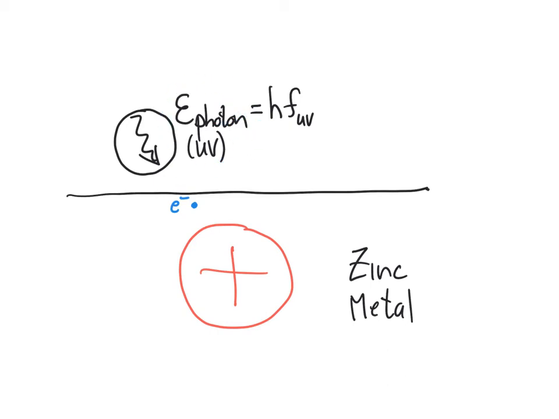So we're working now with a single photon of UV interacting with a single electron according to that 1:1 correspondence we have spoken about. Now there is this attraction between the electron and the metal kernels, and that is the metallic bond.